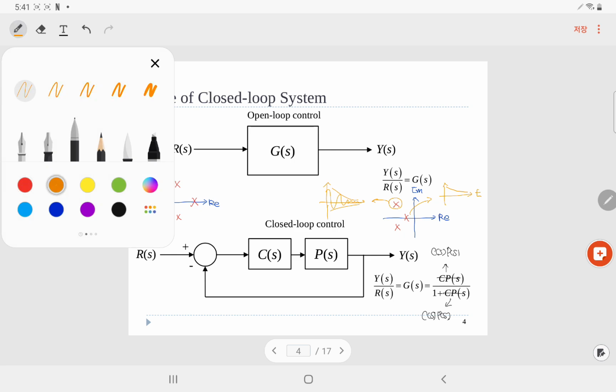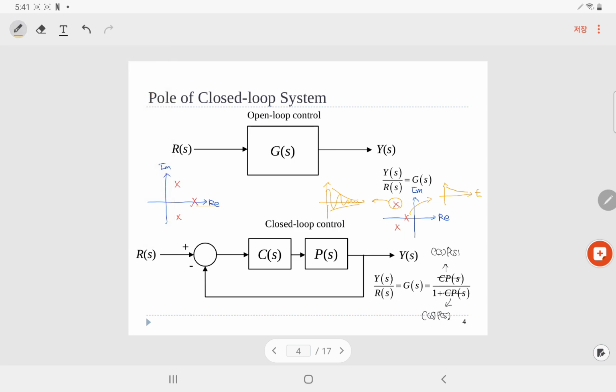You can see that this pole will produce the natural response like this. On the other hand, this pole will produce the natural response like this.